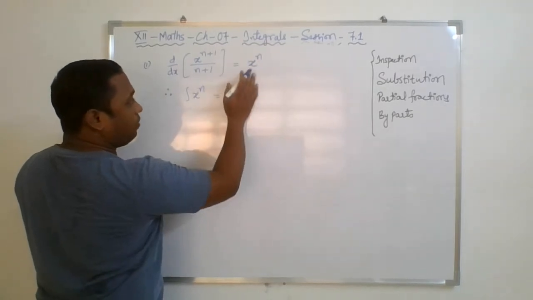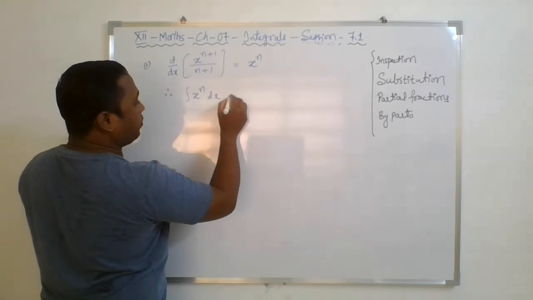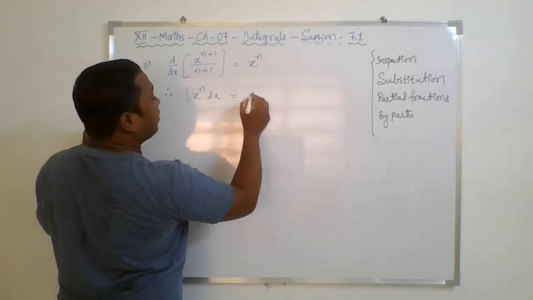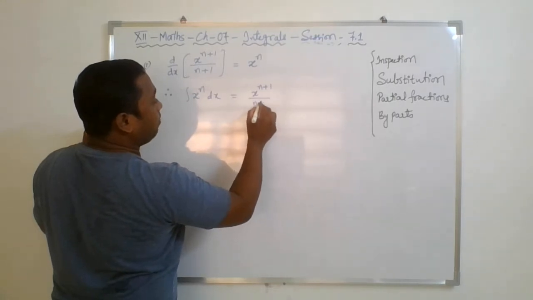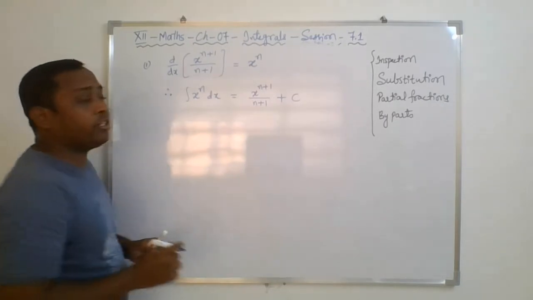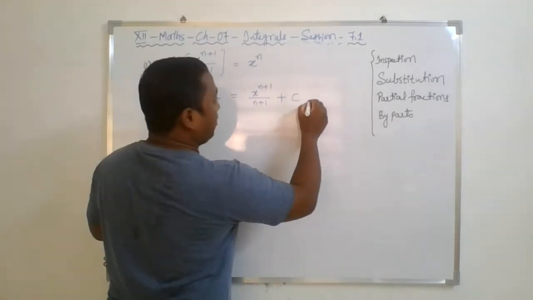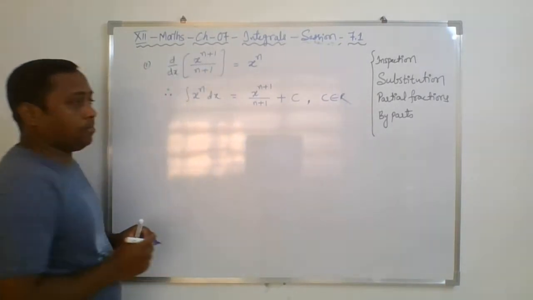So the integral of x to the power of n with respect to dx will give x to the power of n plus 1 by n plus 1 plus c. This you always need to write, and here c is any real number.